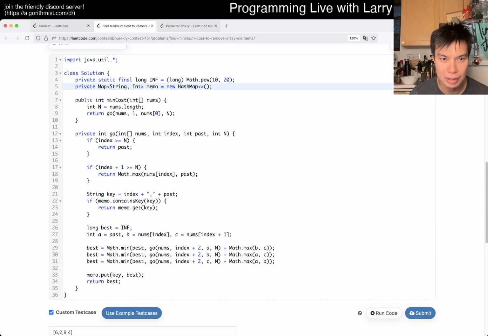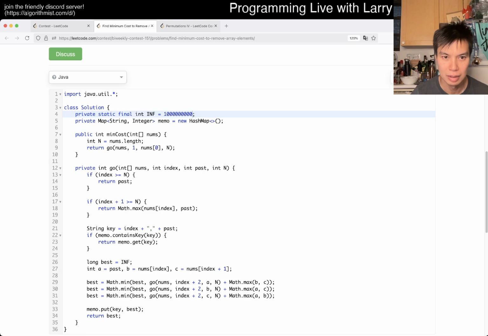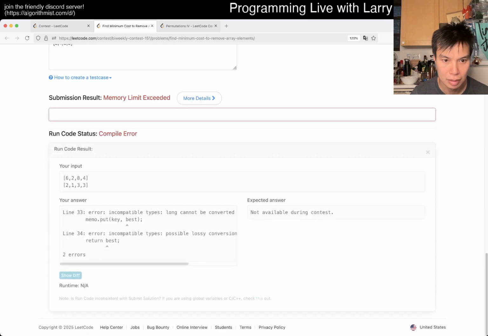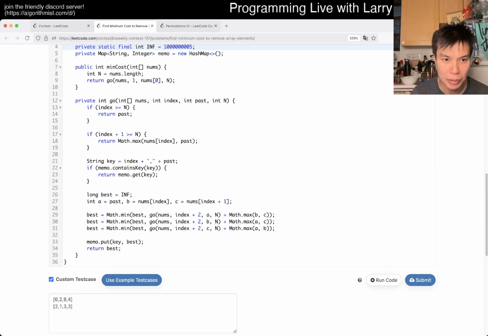Integer. Oh, it's because of this thing maybe? I always mess that up actually. Oh, come on. Best is an int.